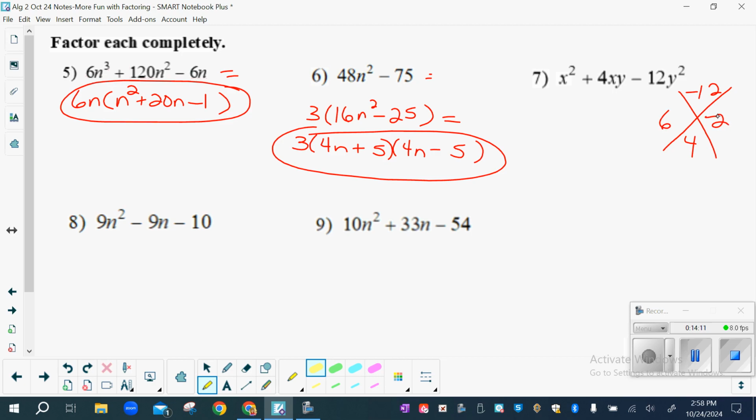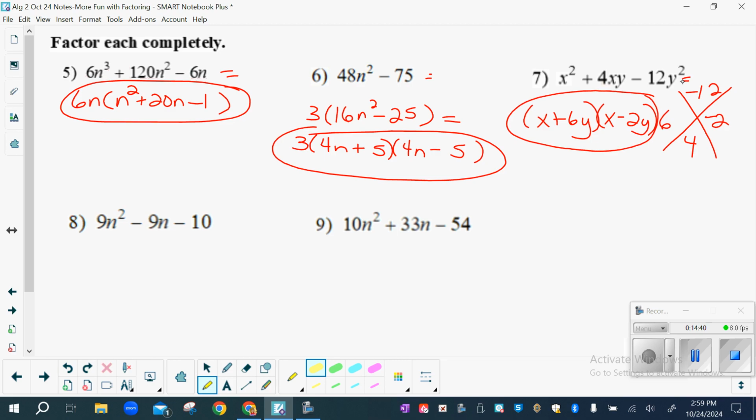Good, negative 2. So we would get x plus 6, x minus 2, and then we need this to be 12y squared. So what could I put there and there? Just a y, a y on each one. And that's it. So that's how you get that y squared there. We don't do that very often, but sometimes.